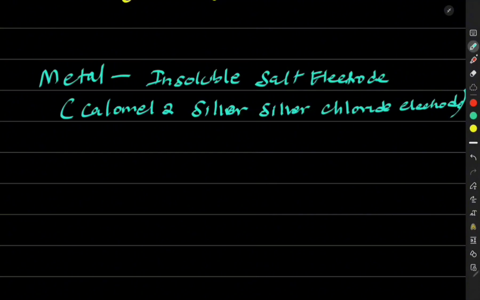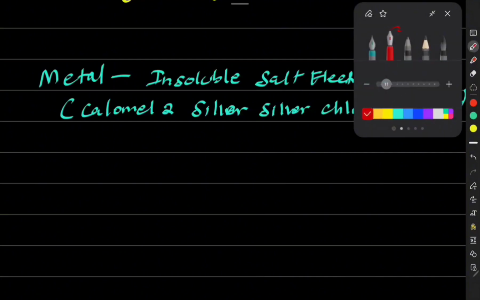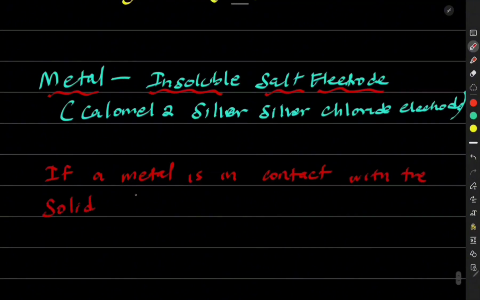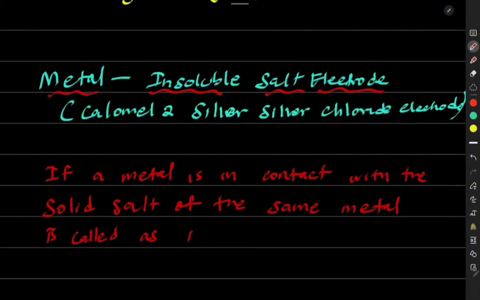So let's write it down. If a metal is in contact with the solid salt of the same metal, it is called a metal insoluble salt electrode.